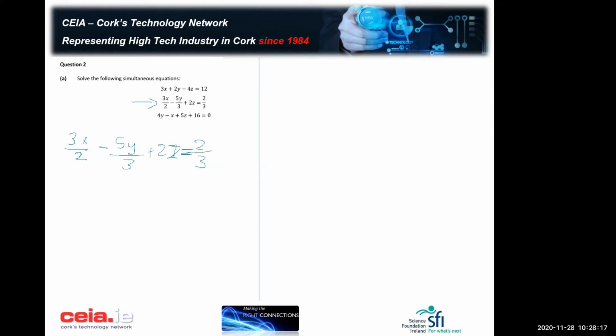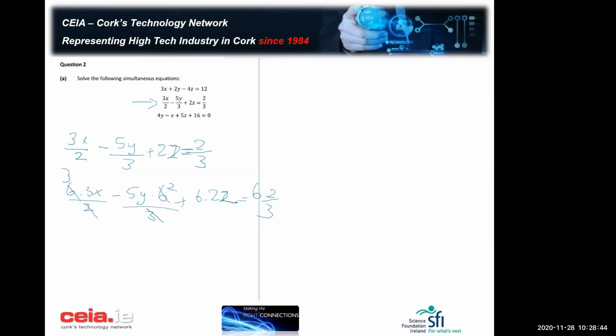So you get 6 by 3x over 2 minus 6 by 5y over 3 plus 6 by 2z is equal to 6 by 2/3. 2 divides in there 3 times, 3 divides in there twice.